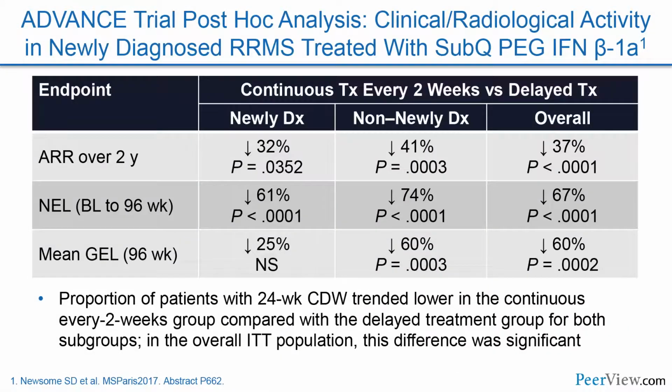At the MS Paris 2017 meeting, Dr. Newsom and colleagues presented the results of a post hoc analysis which showed newly diagnosed treatment-naive patients with relapsing MS had improved clinical and MRI outcomes when administered continuous pegylated interferon beta-1a every 2 weeks as compared to a delay in treatment initiation. These results were generally consistent with the non-newly diagnosed patients and the overall intent-to-treat population in the ADVANCE trial.